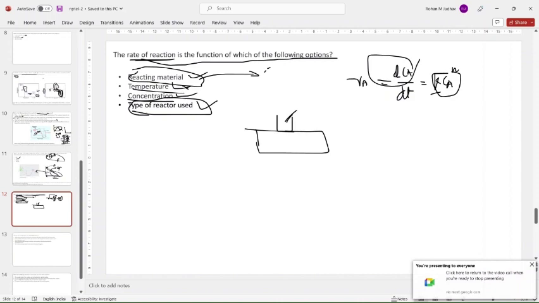A reactor is like a space where you carry out the reaction. It's not inherently taking part in the rate of reaction itself, it's just a space where the reaction is being carried out. It's providing a residence time for your reaction to occur and the product to form. So these three would be the answers: reacting material, temperature, and concentration.